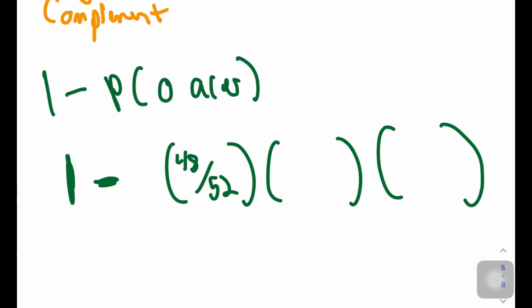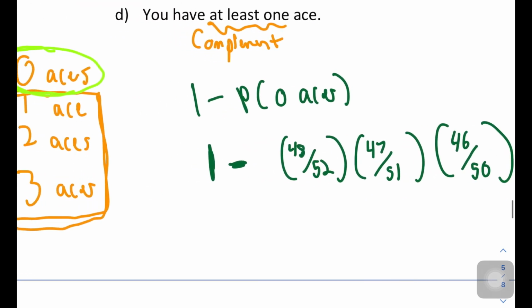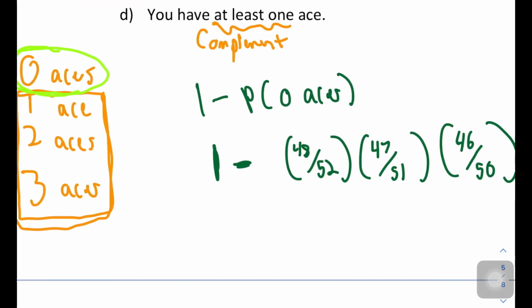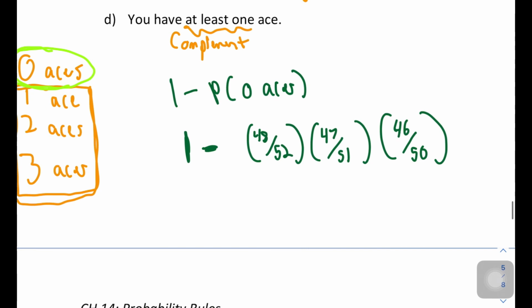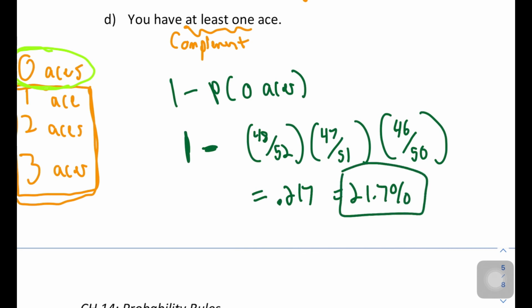Now we pick that. Now there's only 51. And 47 cards that are not an ace. 46 left over. Do this probability, and we get 0.217, or about 21.7%.